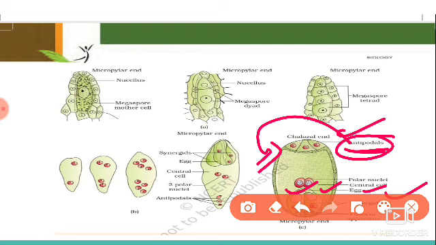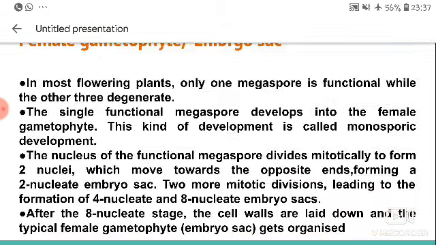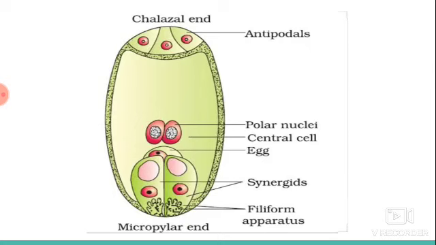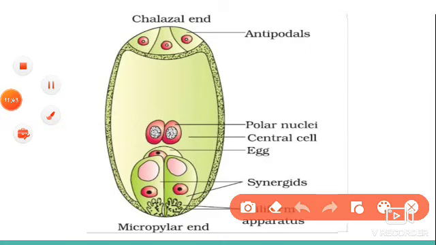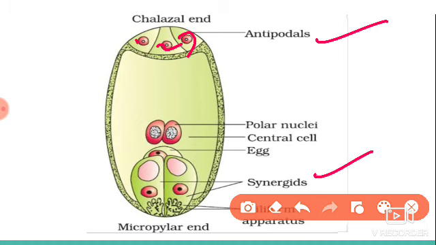Just wait, I will clarify it. Here is a diagram. You can see here the antipodal cells, this is 1, 2, and 3. And here you can find the synergid cell, and one egg cell. Along with the synergid cells, we will find the egg cell.